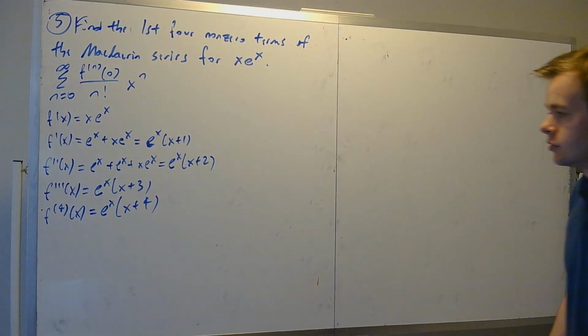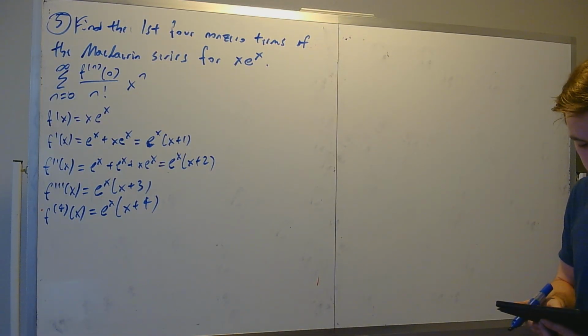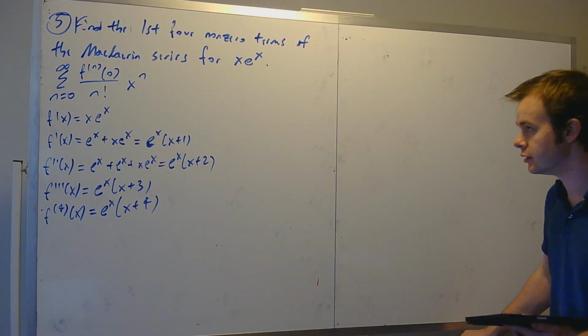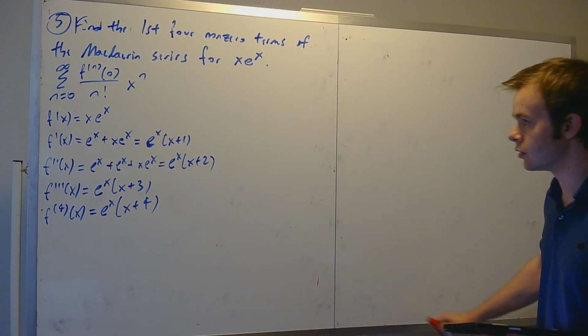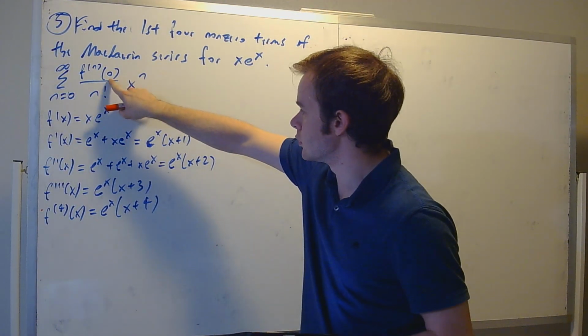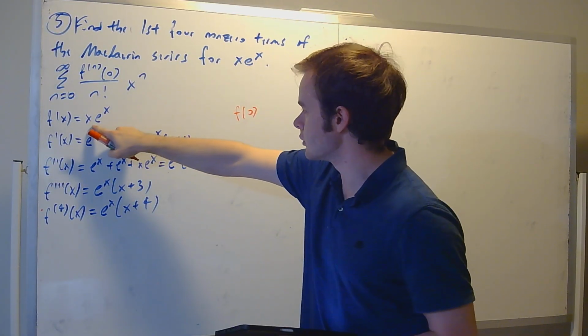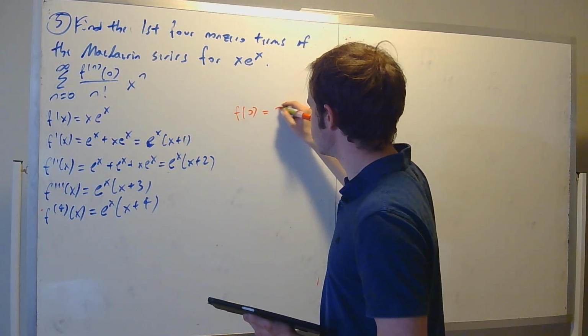Okay, so we've kind of figured out what our derivatives should be equal to. Now let's try plugging in 0, right? Because we need to figure out these derivatives when we plug in 0. So f of 0, if we plug in 0 here, we're going to get 0.